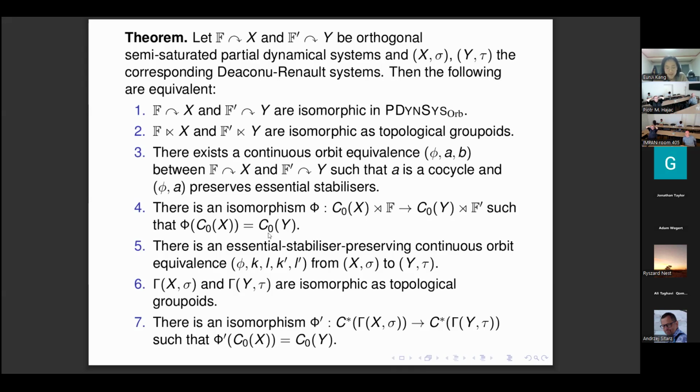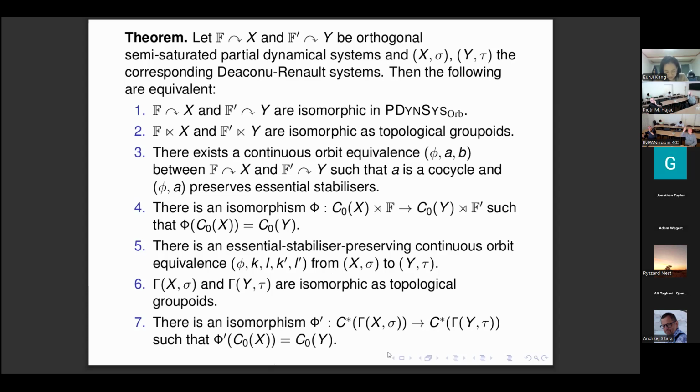They are continuously orbit equivalent. This is also equivalent to the diagonal Boolean groupoids being isomorphic as topological groupoids. Also, finally, the C*-algebras of the groupoids are isomorphic with the underlying space matched.